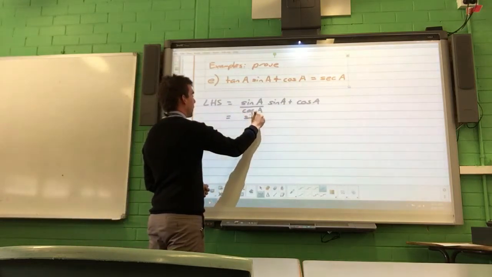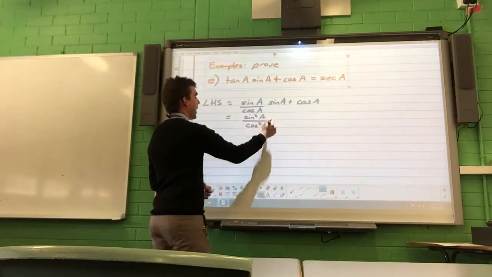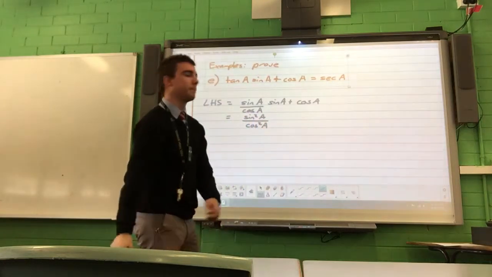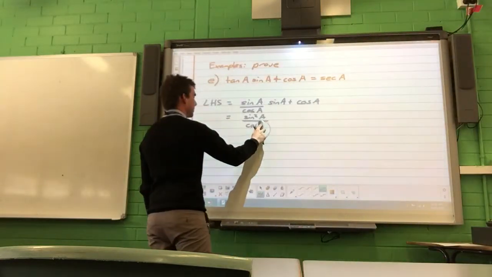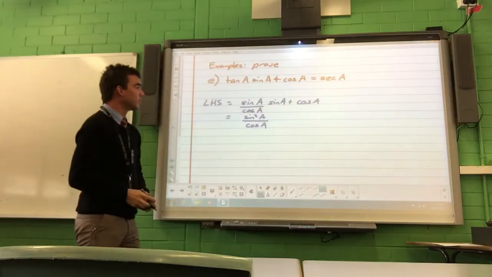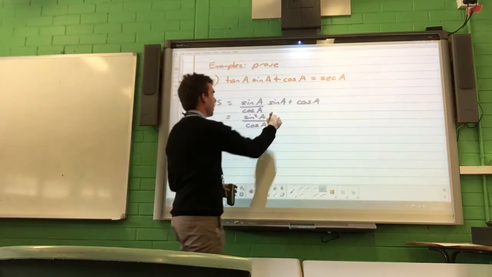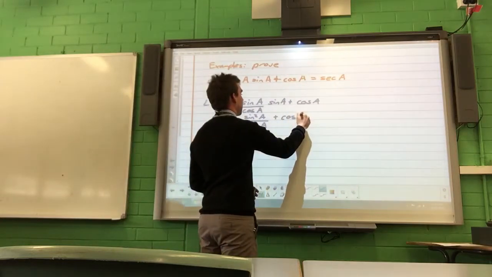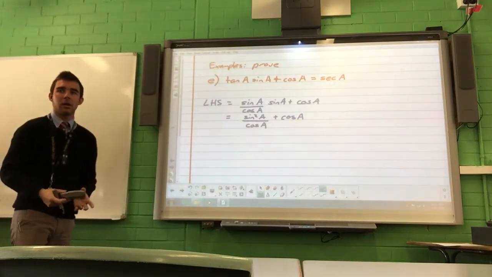Right, so we've got sine squared of capital A over cos squared of A. Sorry, not cos squared, just cos. Right, so sine A times sine A will become sine squared of A, plus cos of A. What can I do next?